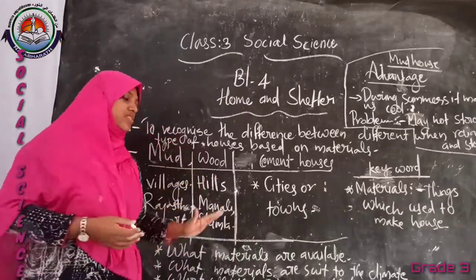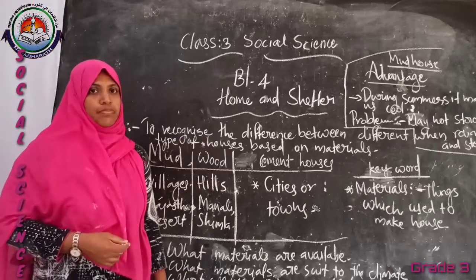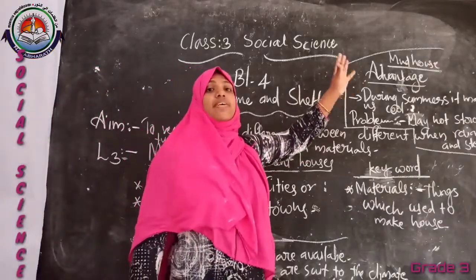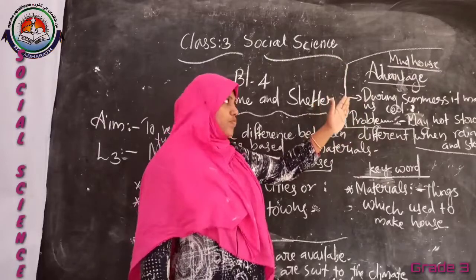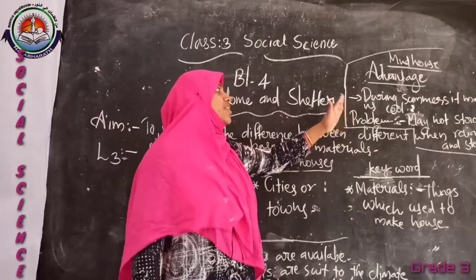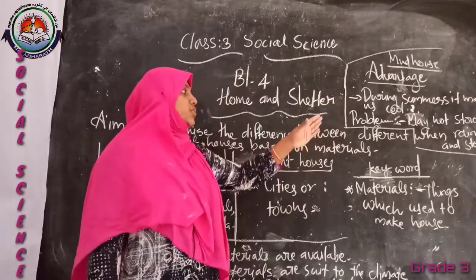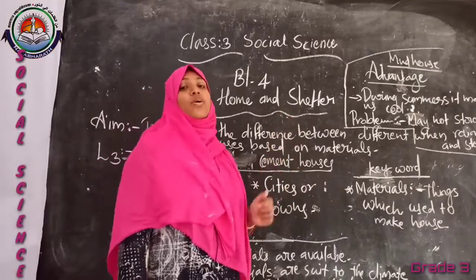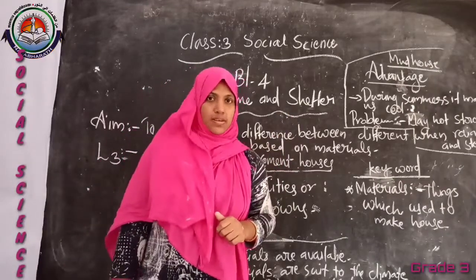Materials also depend upon these things. Understand? Then we have discussed that mud houses have some advantages and some problems. Advantages means during the summers it makes us cool, and during the rain or storm it may not be strong. Understand?